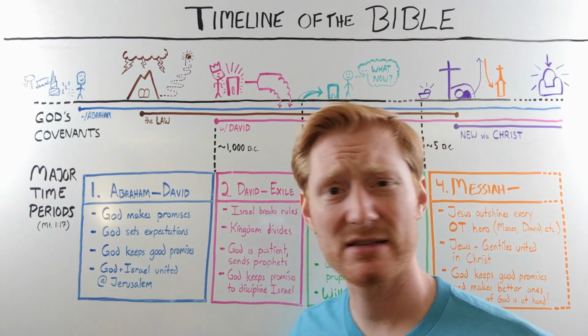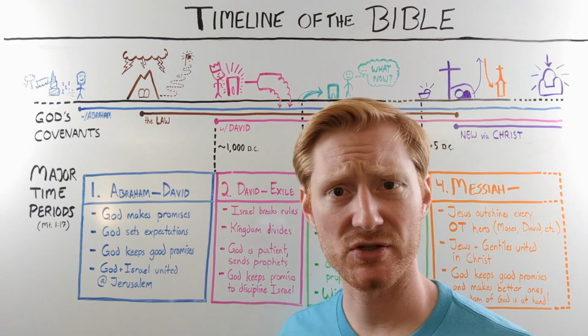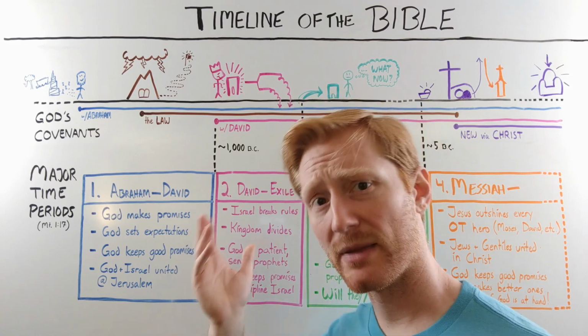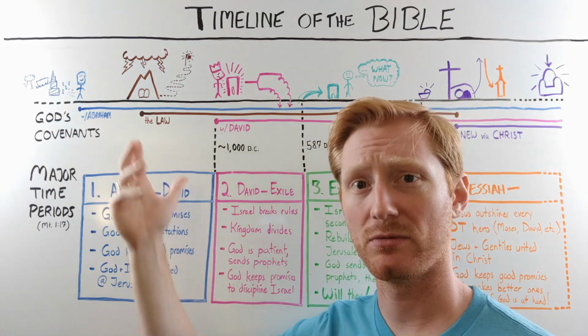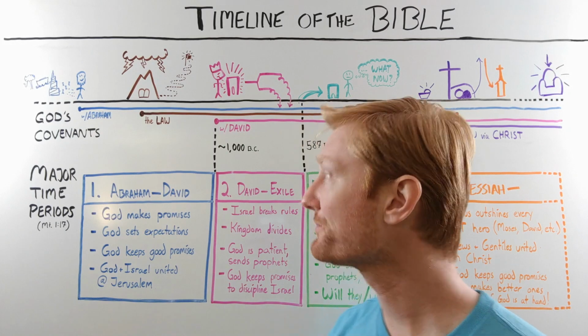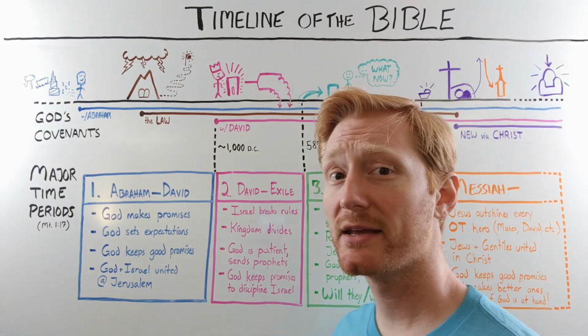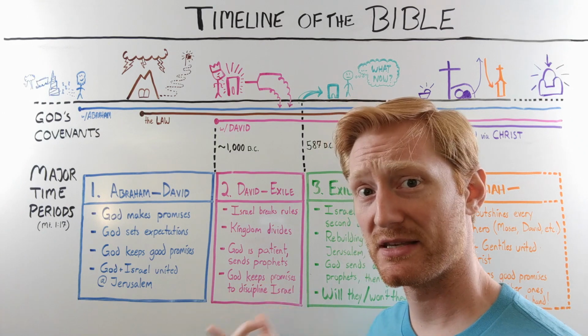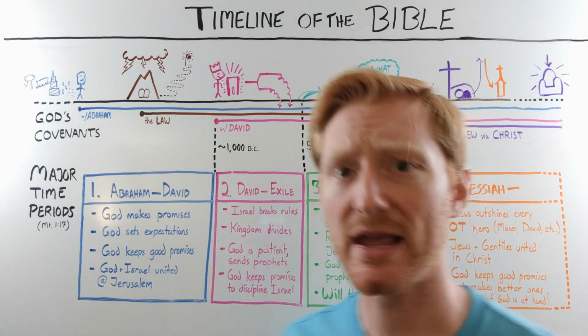God is patient. This doesn't happen all at once. It takes generations. God sends messengers, called prophets, to remind people, hey, we made this agreement with God as a nation. We should honor that agreement. And sometimes the people listen, but generally they don't. So God keeps the negative promises to discipline Israel. They go into exile. But that's not where the story ends.